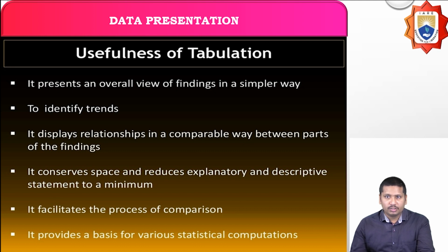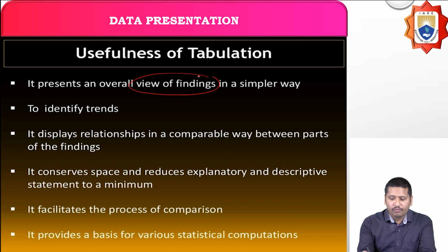It also conserves space and reduces the explanatory and descriptive statements to a minimum, and it also facilitates the process of comparison and provides a basis for various statistical computations.